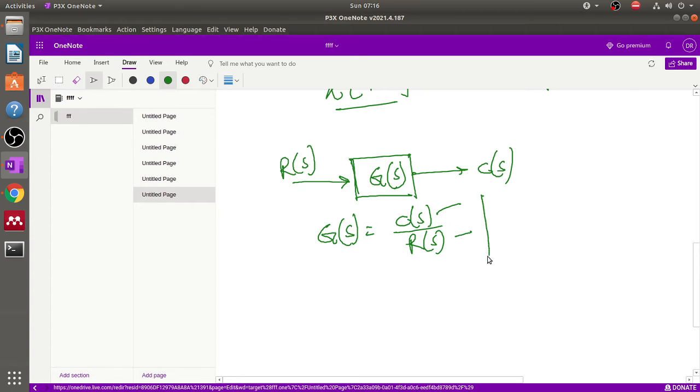And one condition should be remembered: the Laplace transform of the output response and of the input signal both include all initial conditions equal to 0. Okay, this is very important.